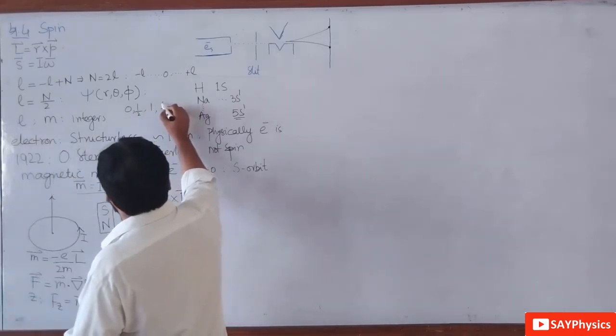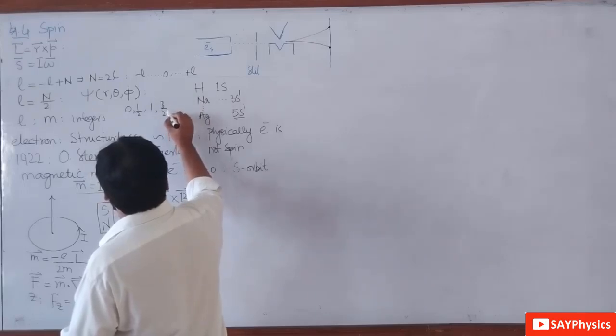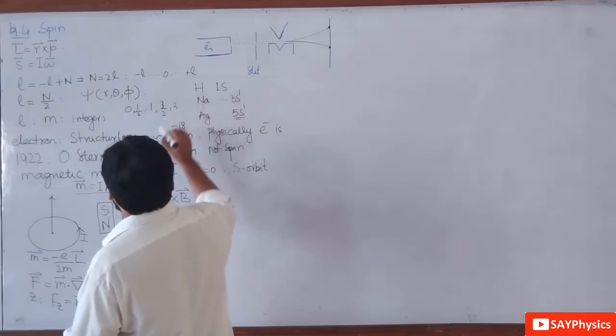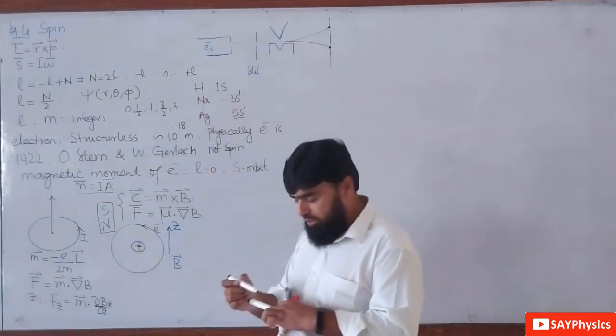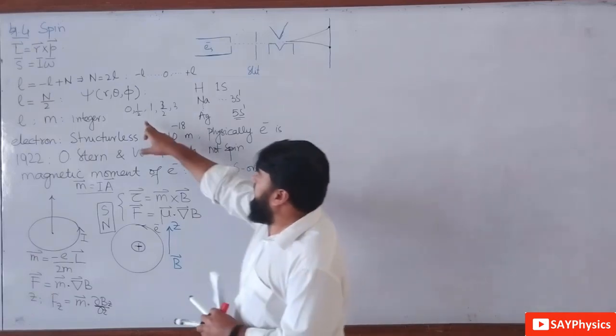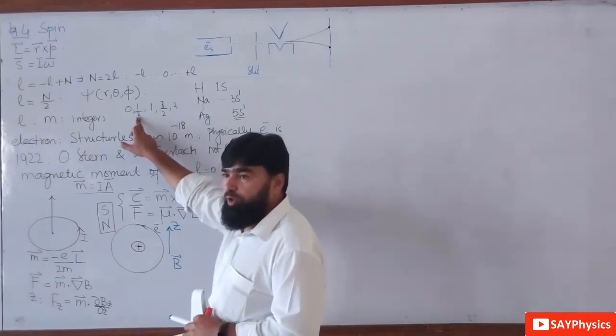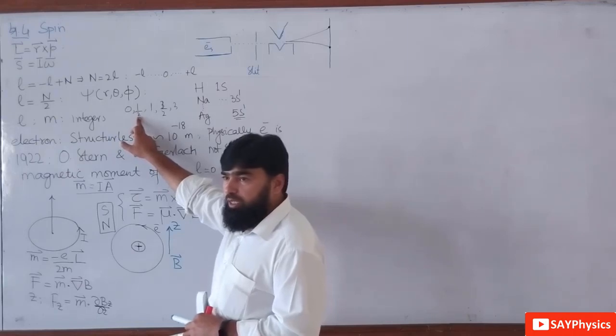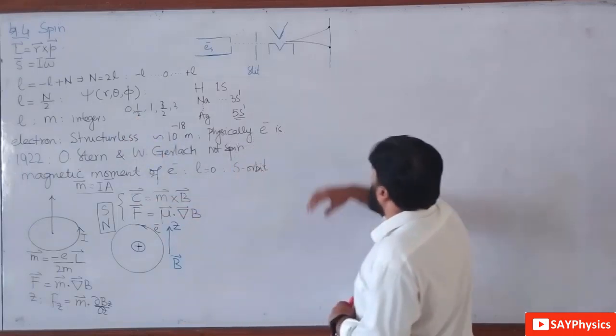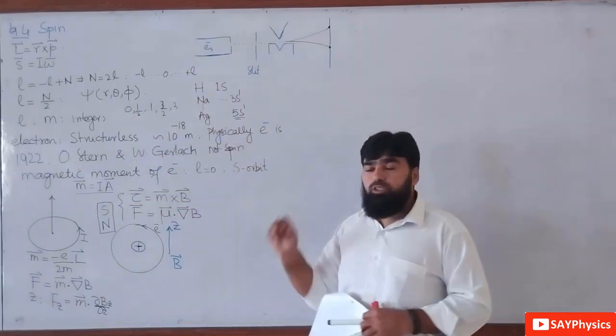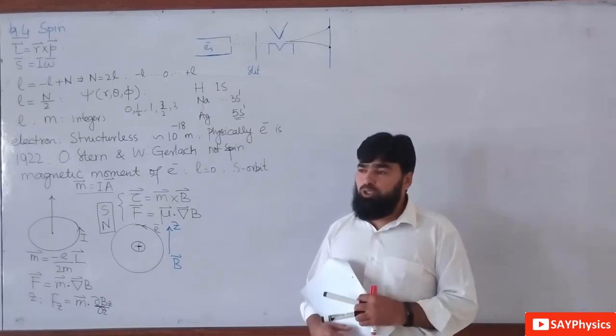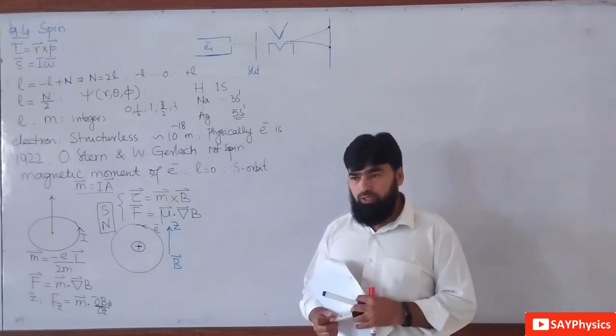So what will it be? 3 over 2, and then 3, and so on. So the half integer values, from where are they coming in? This shows that there are 2 possible ways.